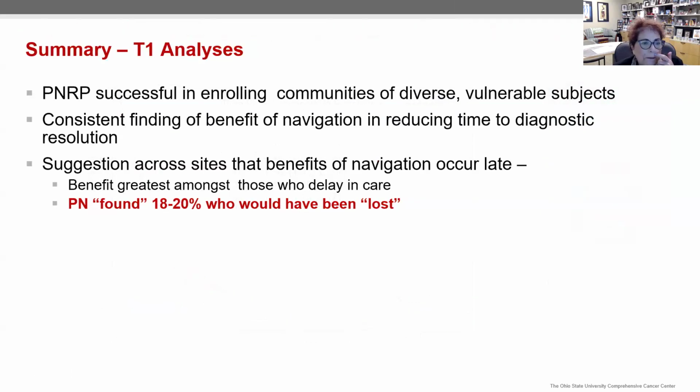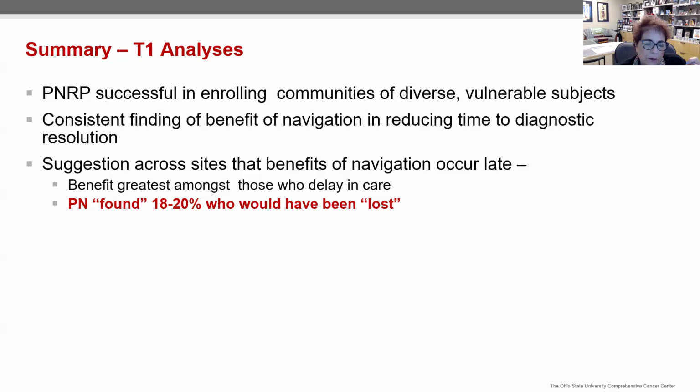So basically, the finding was that navigation reduced the time to diagnostic resolution. And there was a suggestion across all the sites, not just our site, that the benefits of navigation occur late. If you're going to go in and get followed up, you're going to go in no matter what. But it's the stragglers that navigation really helps.